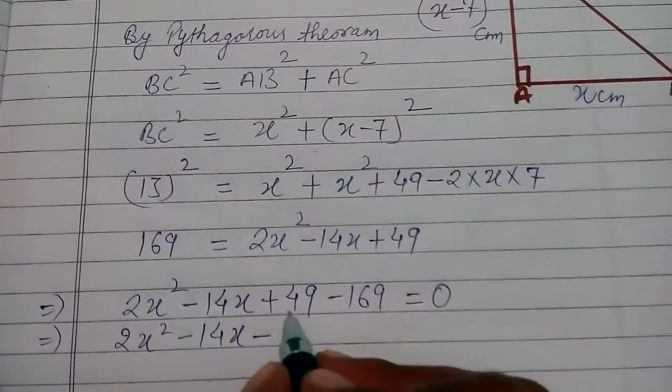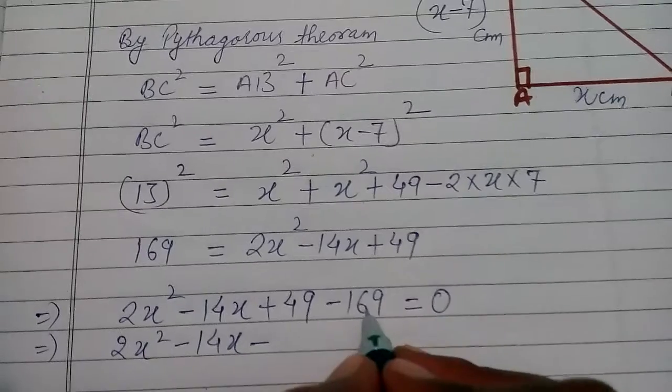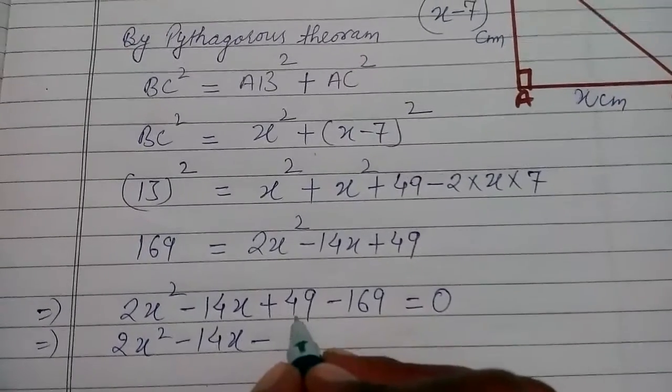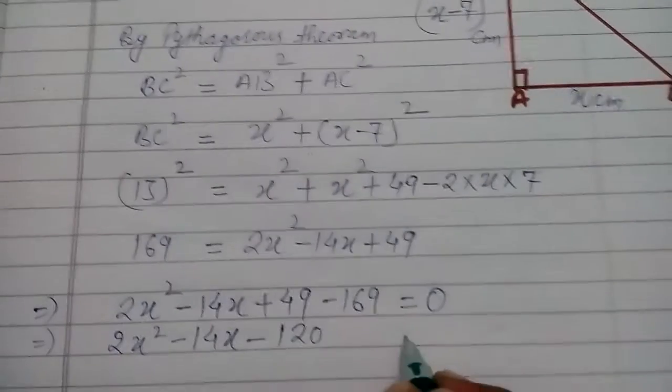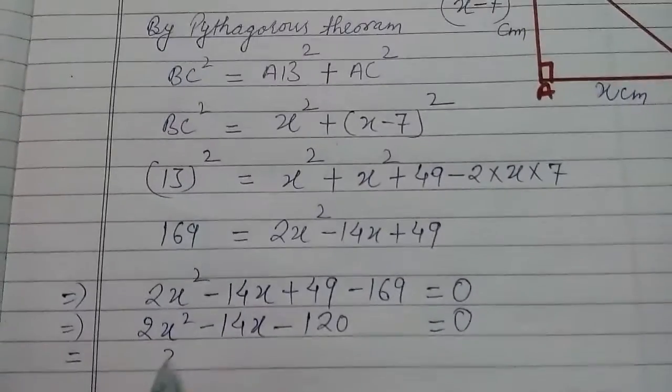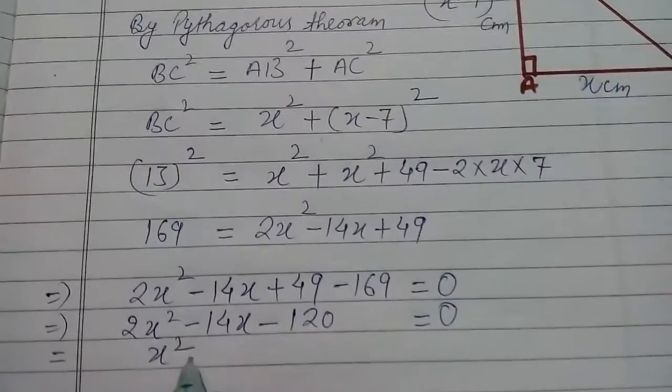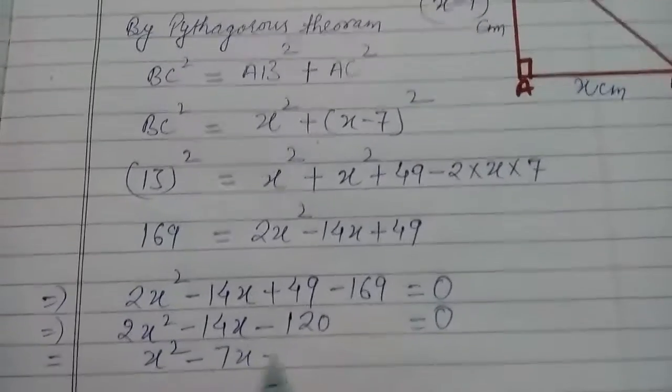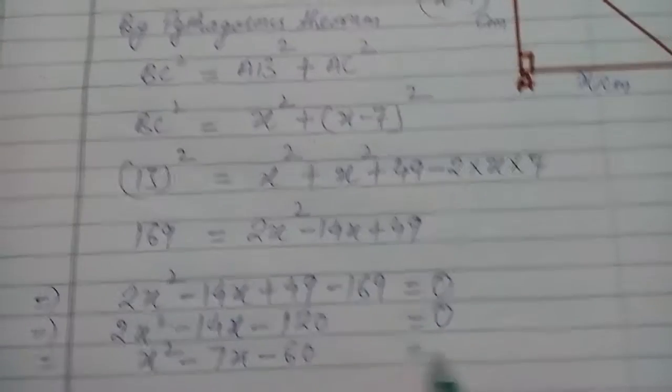Okay, and 6 minus 4 will be 2, so we'll get 120, which is further equal to 0. From here you can see that 2 can be taken common, so when I take 2 common, then it will be x square minus 7x minus 60 is equal to 0.